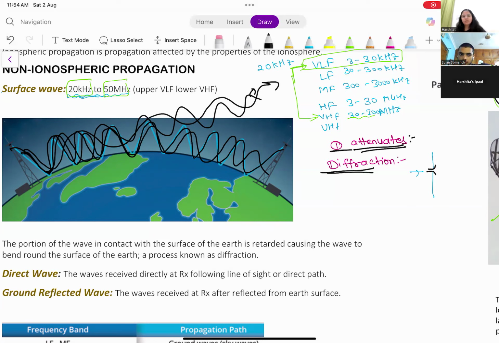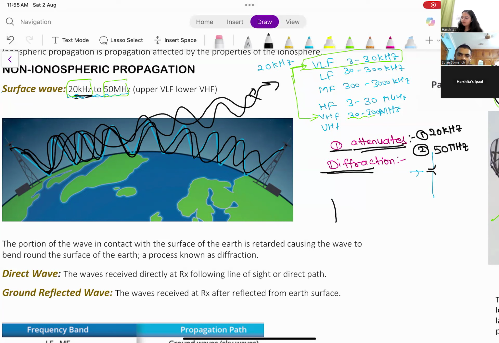So, what do you think if I increase the frequency? Like, if I'm using number one case, 20 kilohertz, and number two, 50 megahertz. Let's assume. What will happen if I use 20 kilohertz and what will happen if I use 50 megahertz? Which wave do you think will attenuate more?